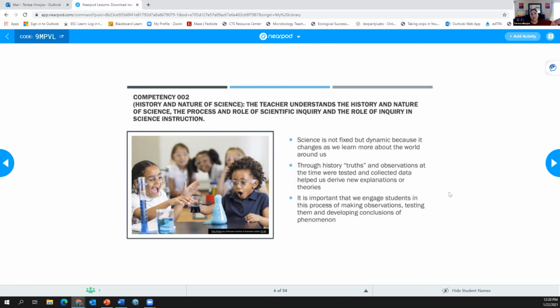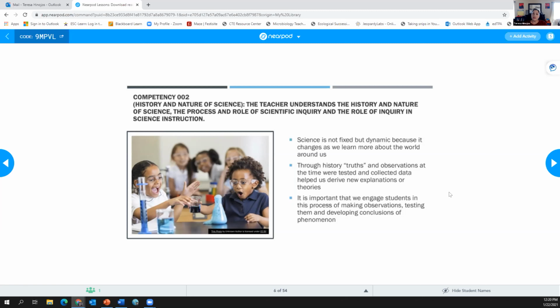Way back in the day, they didn't understand this idea of germs, right? And they thought things could just randomly grow. But based on experiments, they were able to test it out, and they realized that they're not just coming out of nowhere. There are cells there, they're just so small that we don't see them. And so that changed that idea, which led to advances in other things.